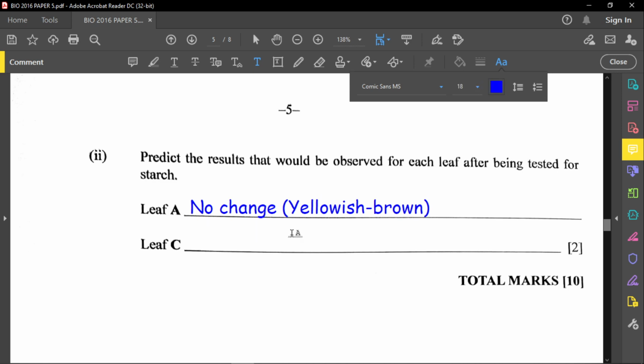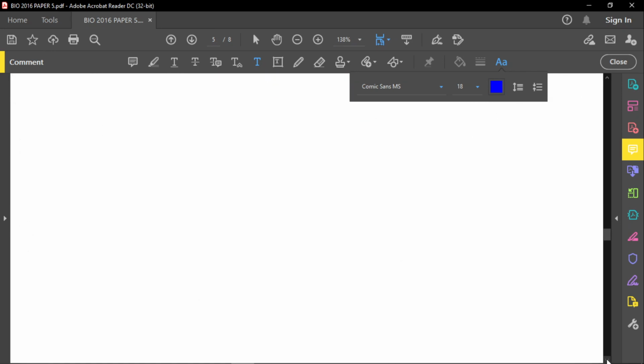But for leaf C, since it was able to photosynthesize and make sugar and eventually form starch, it will move from yellowish brown to blue black. So the final color there will be blue black. All right, let's go to the next question.